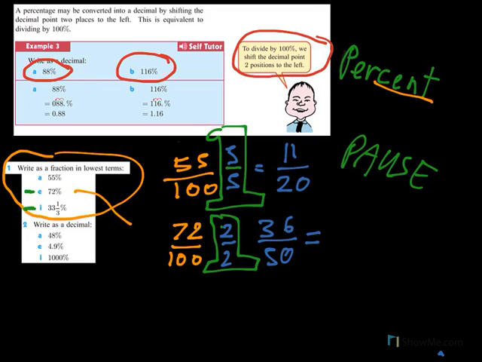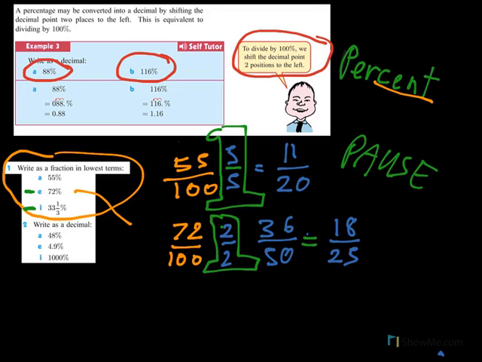Actually, let me erase this. Okay. We know 2 goes into 36 18 times. And 2 goes into 50 25 times. And I believe we have got to the smallest fraction because 18 is even, 25 is odd. So 72% as a fraction in the lowest term is 18 over 25.